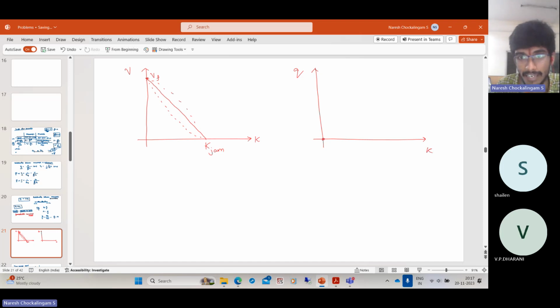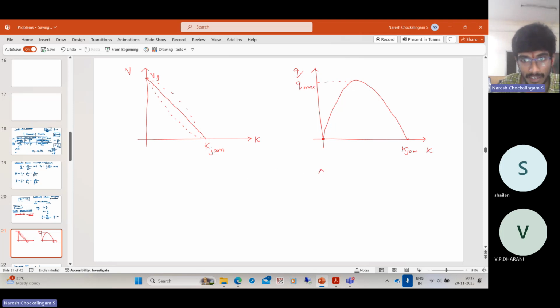So when there are very few vehicles, the flow rate will be 0. And when there are very many vehicles, this is k jam. At jam density, the velocity is 0. So if you fix the point where you're measuring the flow rate, no vehicle will cross the point because all vehicles are at rest. Somewhere in between, it reaches a maximum, which is called the maximum flow rate.